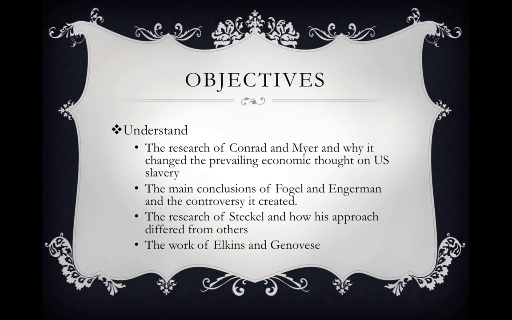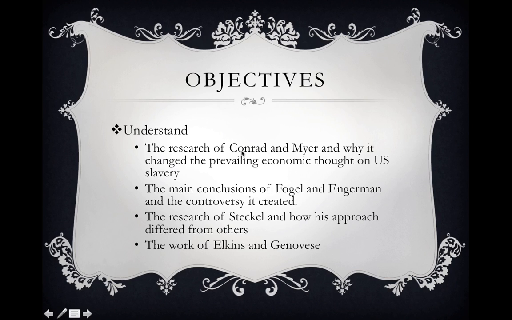So there's a couple of things that I think will be important for you to understand when we do this. Number one, you will see here we are talking about the research of CONRAD and MEYER.